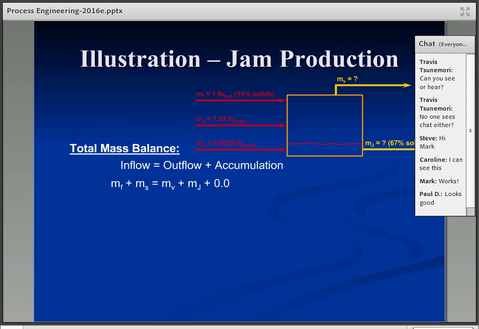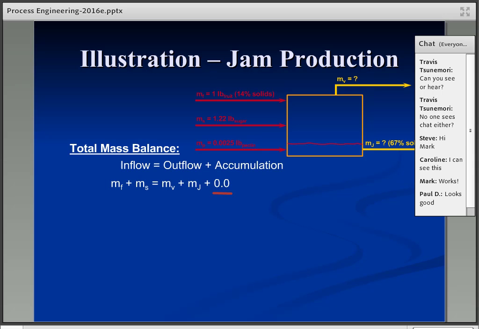Okay, so do a total mass balance. Inflow equals outflow plus accumulation. Nothing's being accumulated in this problem, so that term you can see is 0.